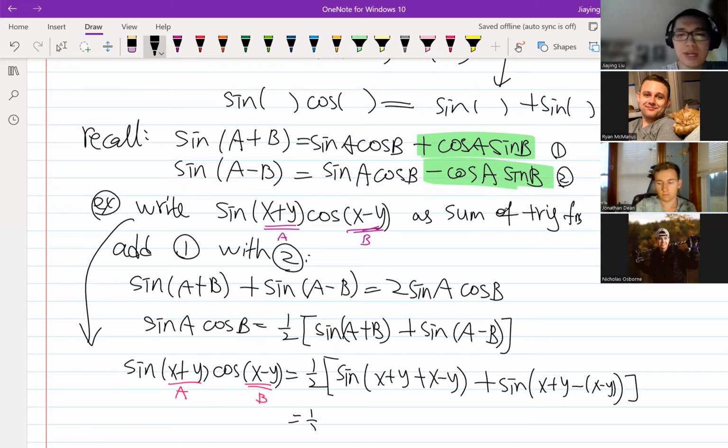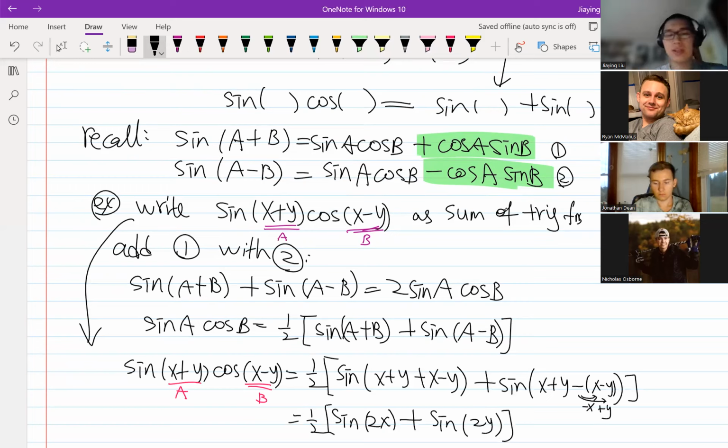That's going to be 1/2 sine of 2x, because the y cancels, and then plus sine. So we get x plus y minus x plus y, so we get positive 2y. There we have it. We get 1/2 in brackets sine 2x plus sine 2y. So that's the product to sum formula we used.